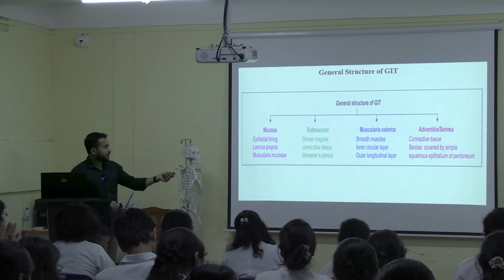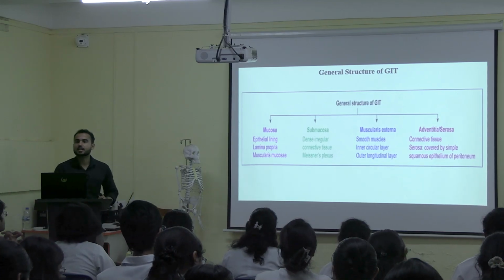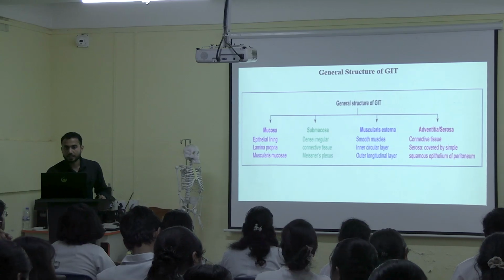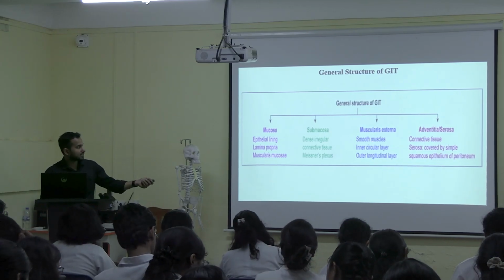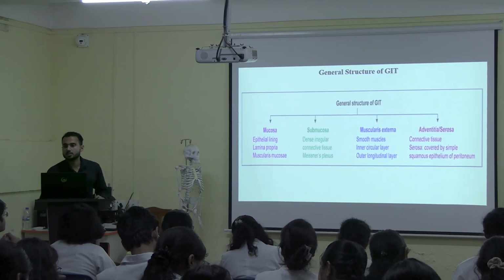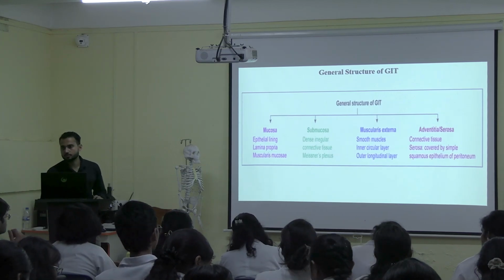The nerve plexus in the submucosa controls the secretion, and along with that it also controls the absorption. And the nerve plexus in the muscularis externa controls the motility. We know that peristalsis movement is taking place, and that is controlled by the nerve plexus present over here.